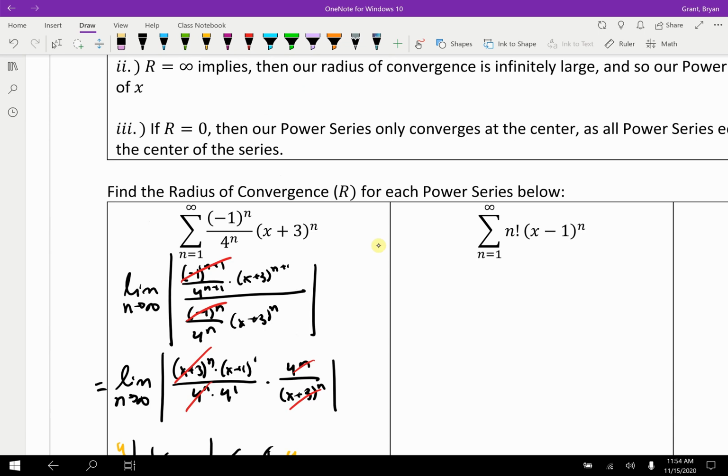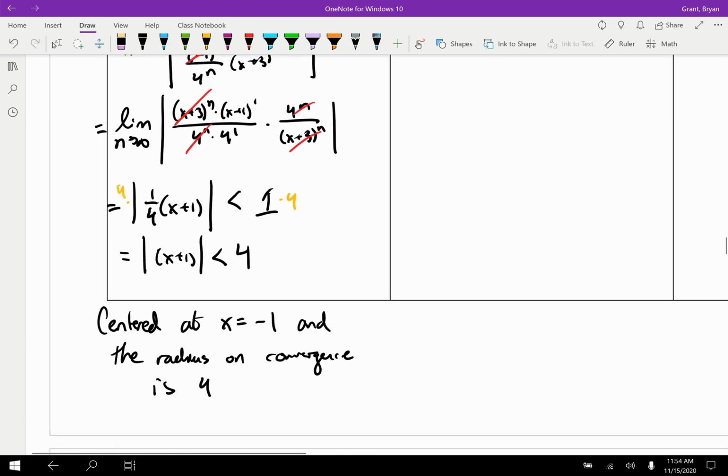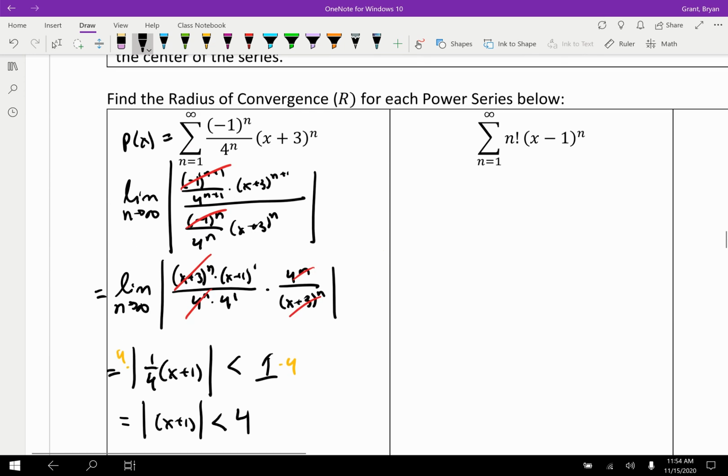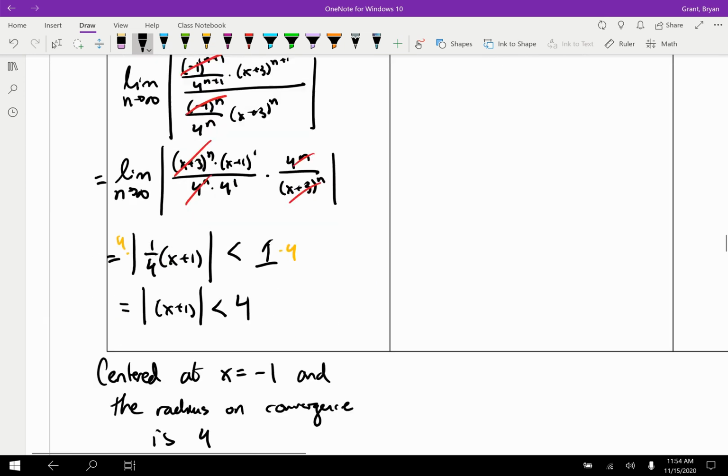Because remember, these are considered polynomial approximations. If we wanted to find e to the third, we'd plug in 3 here, though this is not for e to the third. We're allowed to use any x value we want, definitely including -1, because it's centered at -1.